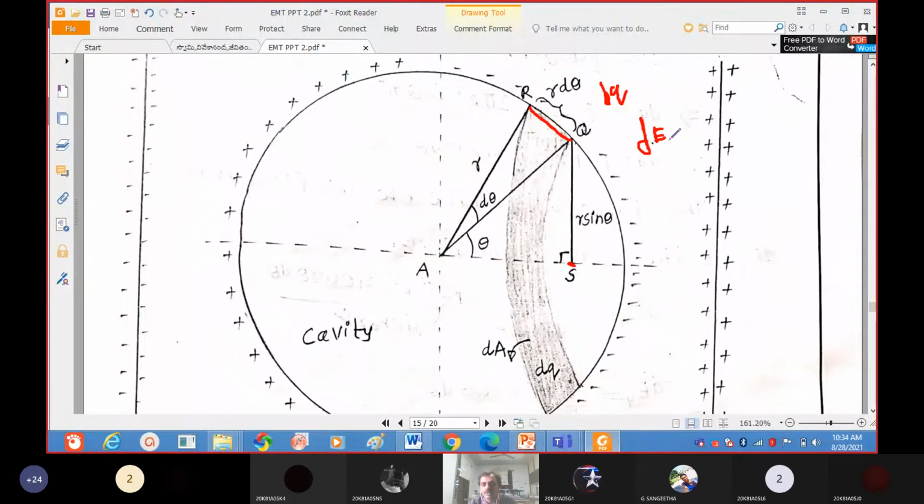Due to the small charge dq, there is some electric field produced at point A. That electric field is dE.